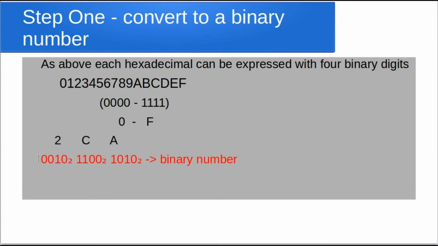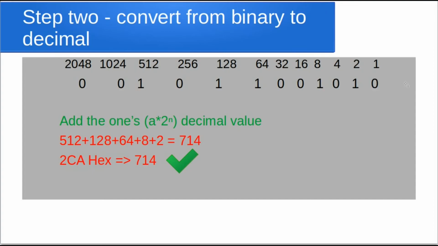Then you've got the binary here, and the next step is to get it to the decimal. So we go to the decimal here. Again, we take the binary and we just write out its powers like that: 1, 2, 4, 8, 16, 32, and so on. I've exhausted the explanation on this before. And then we map the binary to it, and all the ones we add together.